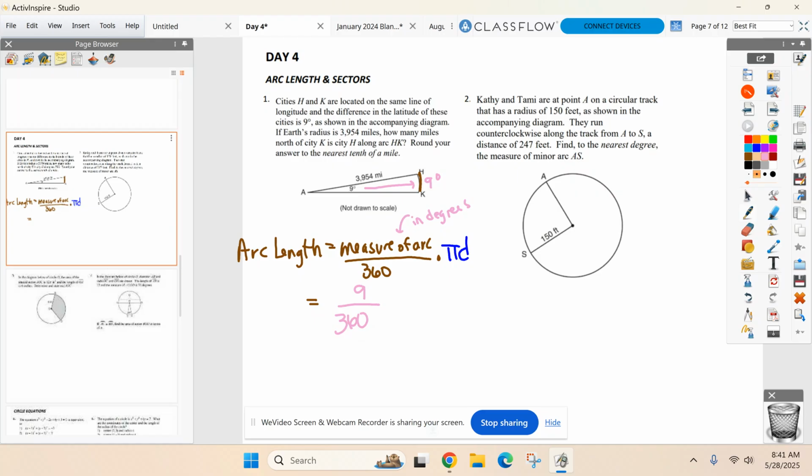So 9 over 360 times pi, don't fall into the trap, right? Don't use 3,954. We want to double it because that's the radius. So we should be using, what do we got? 7,908.